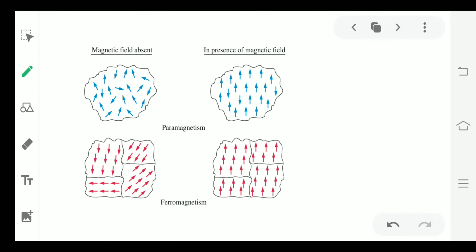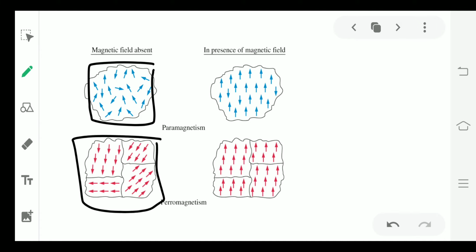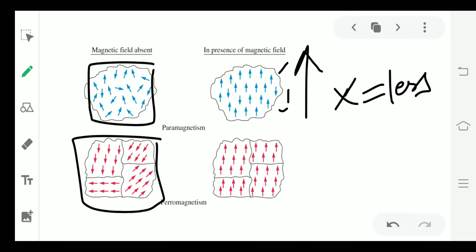This is the clear figure of paramagnetic material and ferromagnetic materials. When there is no magnetic field, they are aligned in random directions, but the ferromagnetic materials have some domains in which they are in a particular direction. And when we apply a magnetic field, some dipoles will align themselves in the direction of the magnetic field, but some are opposite, so its magnetizing power is less compared to ferromagnetic materials.